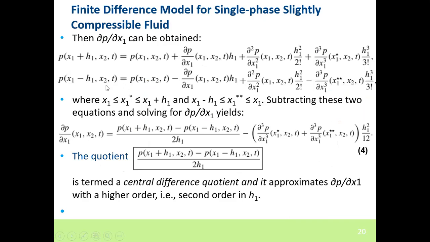For this particular slide, the Taylor expansion for these two functions has been given. And if you subtract them, it would now give you this. And from here, you can get the central difference quotient, which approximates the differential, the P, the X1. For this one, you'll be having your error function in the order of this.